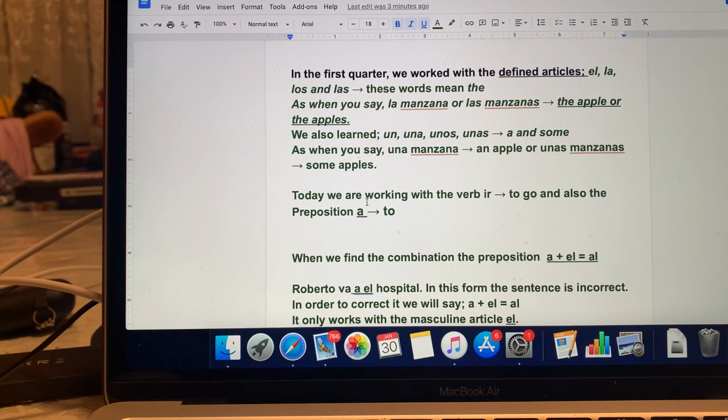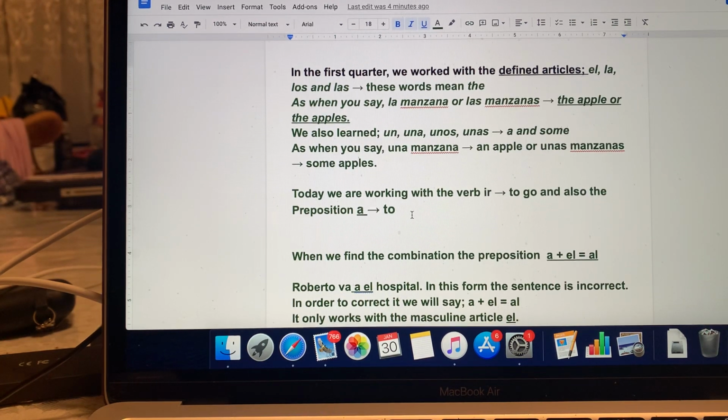Today we are also working with the verb ir, which means to go, and also the preposition. This is probably the most important thing that you need to focus on. The preposition a. A means to, as when you say, yo voy a la escuela, I go to the school, right?